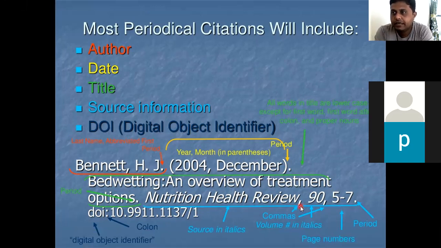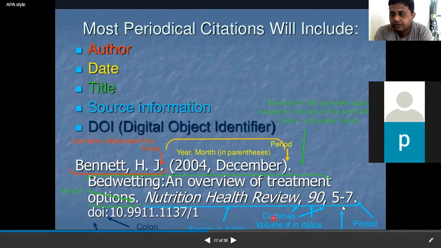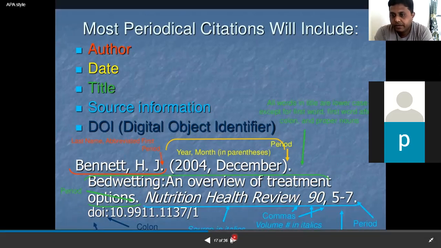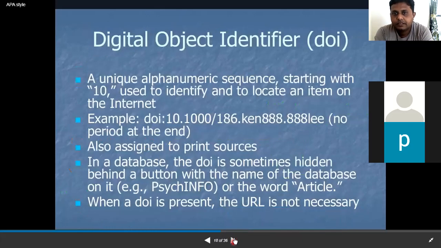The comma is over here in the case of MLA. This is page number 90. This is the period of publication, and the digital object identifier. So this is the style of how a citation should be mentioned in the case of APA.